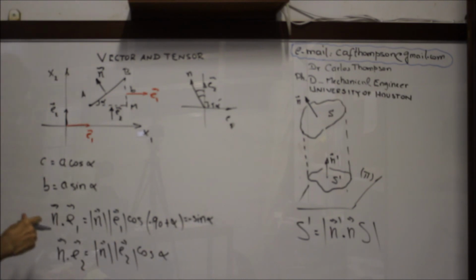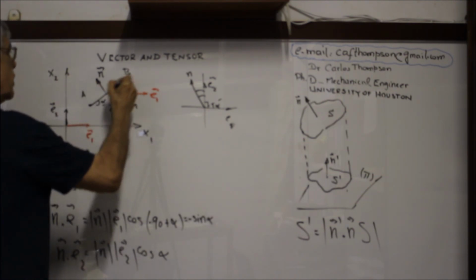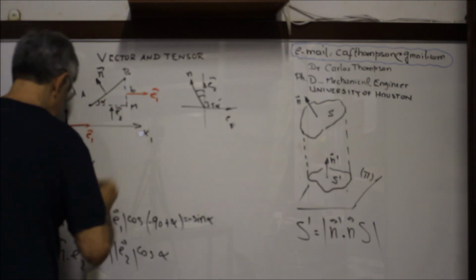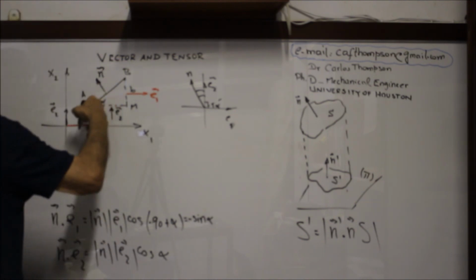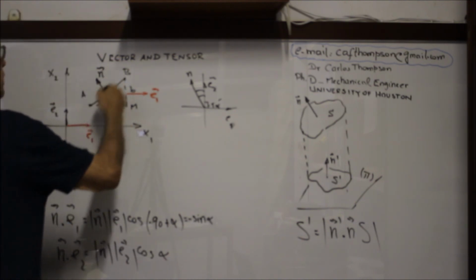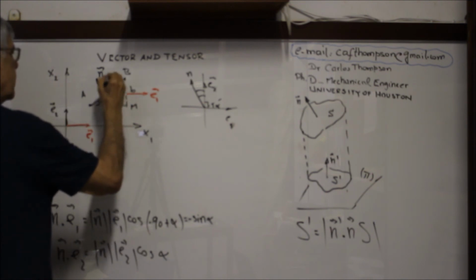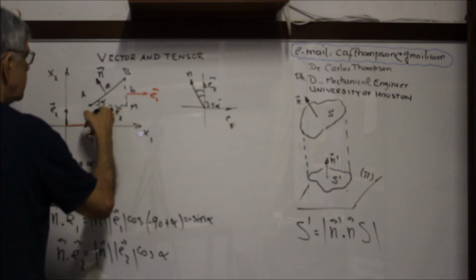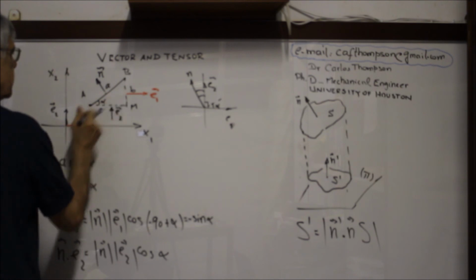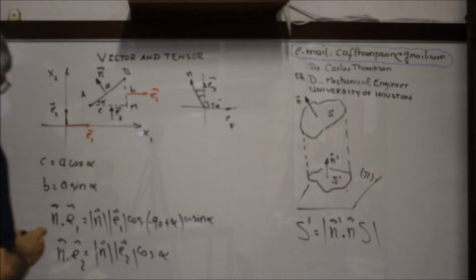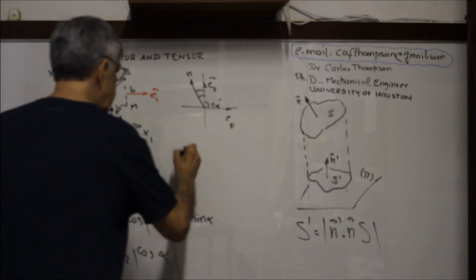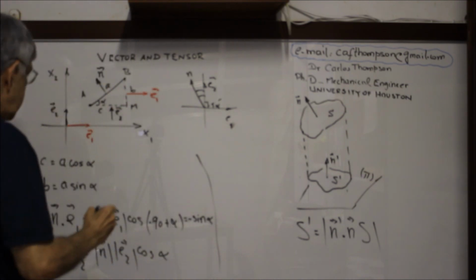Now, I will multiply here by A. Let's call this length here AB. I called AB as A. This is ABC, and C is this segment here.